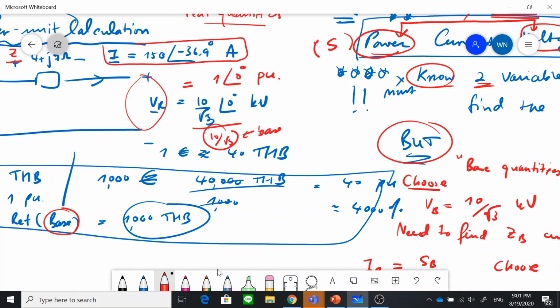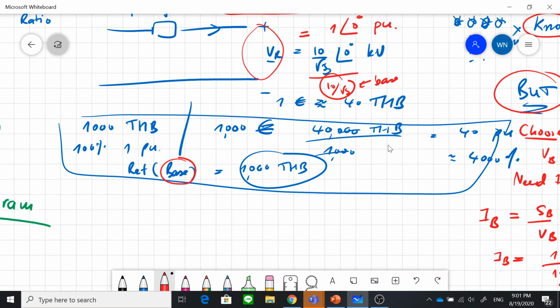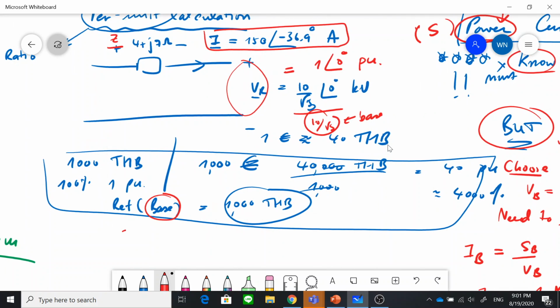I can change this to per unit quantity. So the conversion is done like this. The I is 150 divided by 173.2 ampere. This is in percent already.